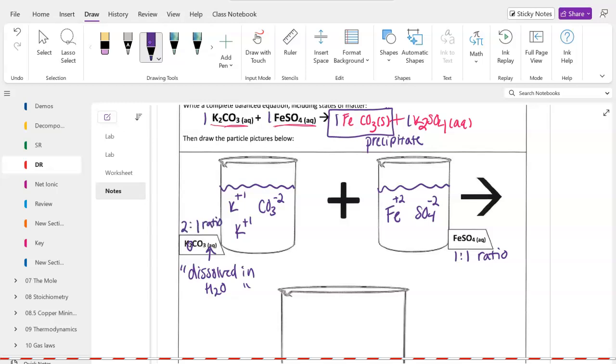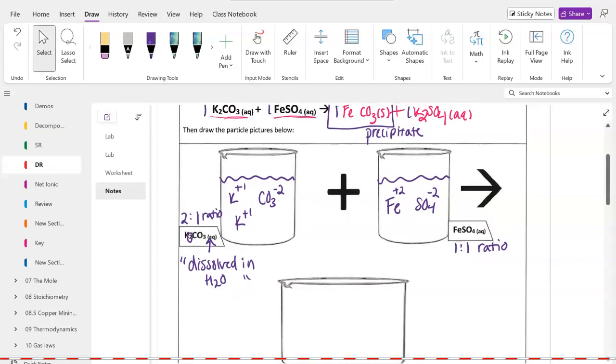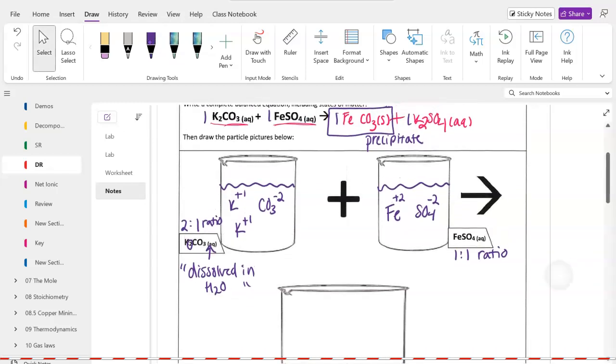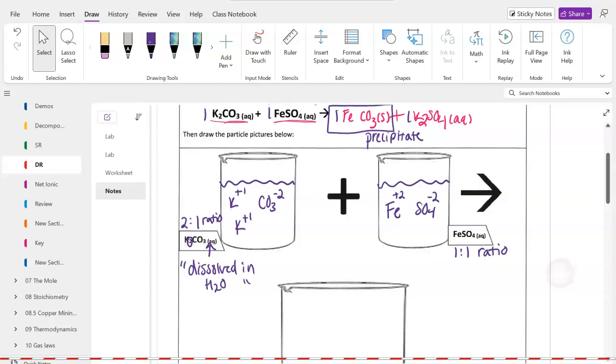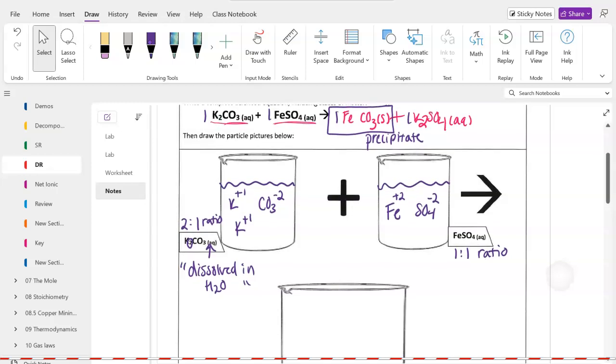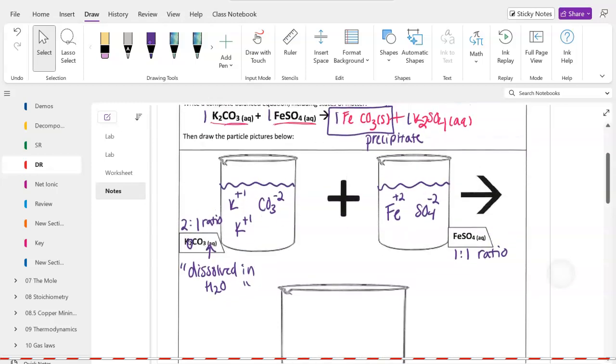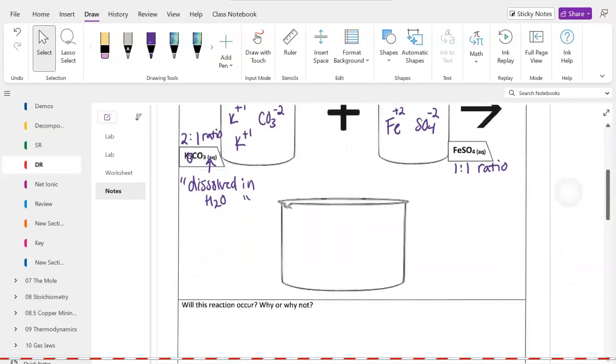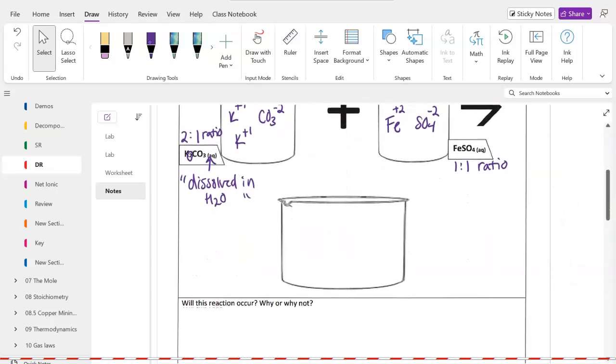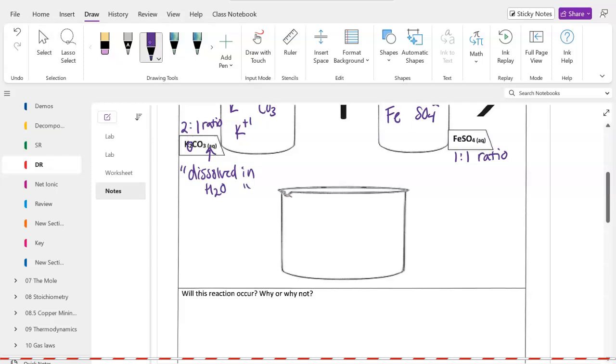And this is really important because when we look at our products, the whole reason why we have the balanced chemical equations is we're looking at these ratios of these ions and these substances together. So if I were to mix these 2 beakers together, we're going to find that we're going to form one of our precipitates, and that's actually going to sink down to the bottom.